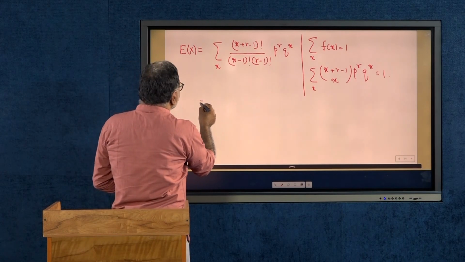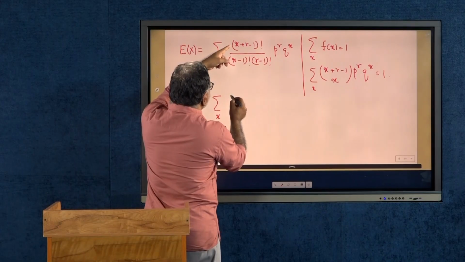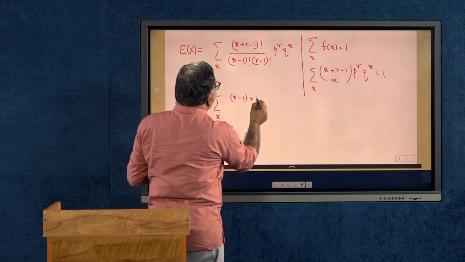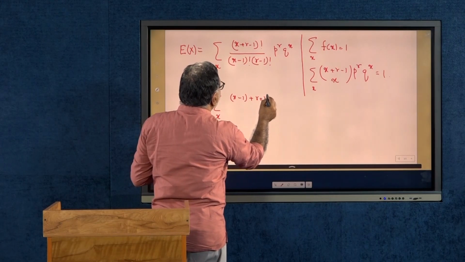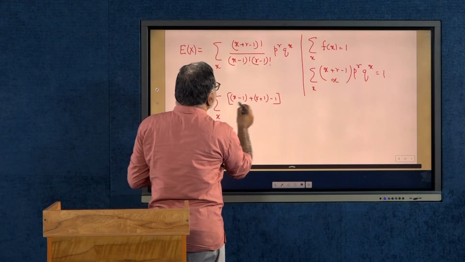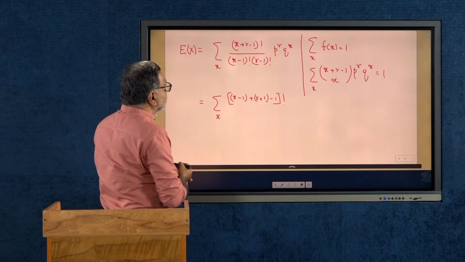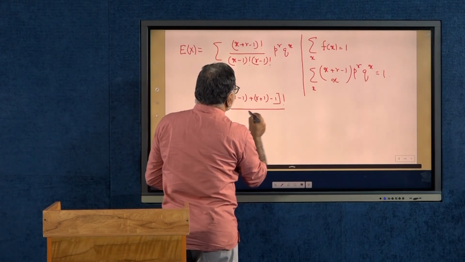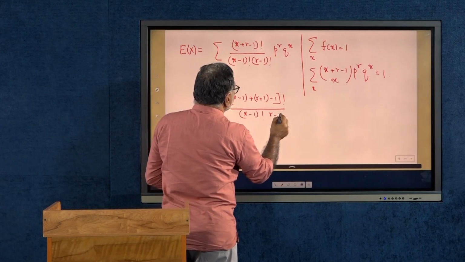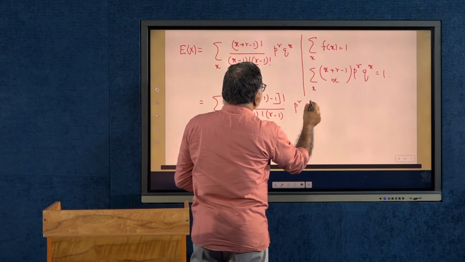Let me write this expression as sigma over x, x minus 1 plus r plus 1 minus 1 factorial divided by x minus 1 factorial, r minus 1 factorial, p power r, q power x.